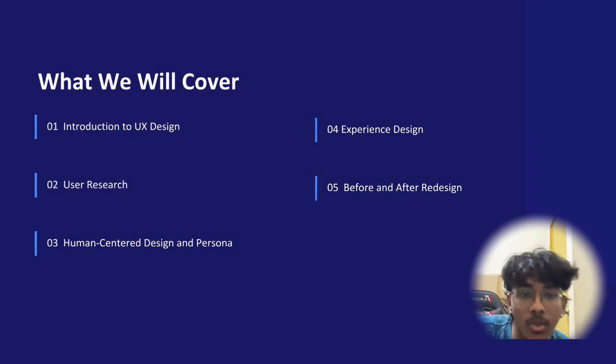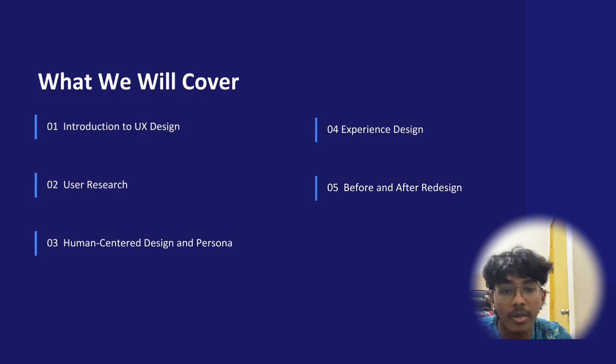Our presentation is structured around 5 key sections. We will start with an introduction to UX design, establishing the core concepts that underpin our entire project. From there, we'll move into our user research findings, which form the basis of our design decisions.